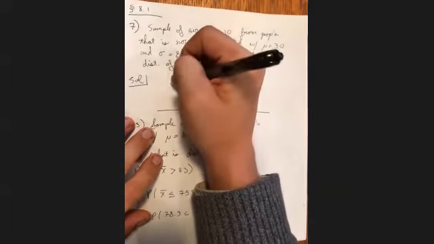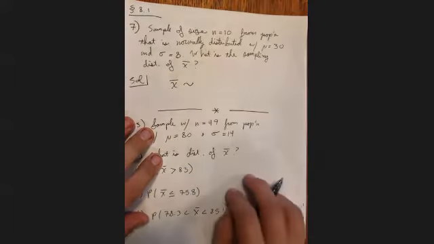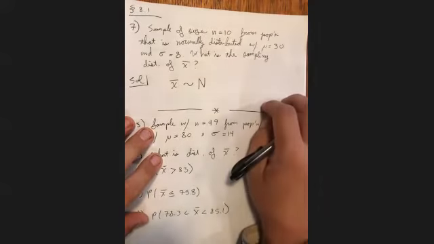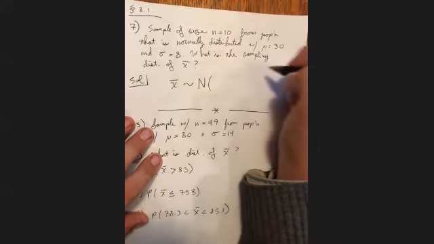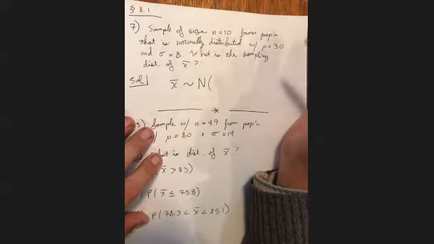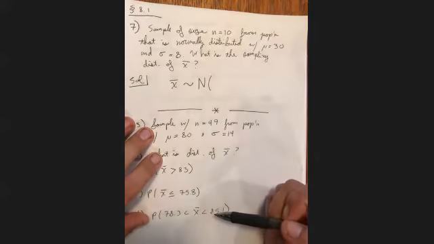So X bar, the solution here is to say that X bar is distributed, squiggly means distributed, normally. And then the important part here is to identify the correct mean and the correct standard deviation for the distribution of X bar.